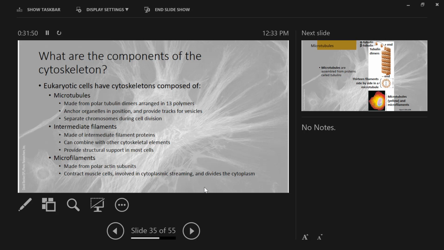Yeah, Lacey. Actin and myosin? Myosin's a motor protein. So actin is the cytoskeletal element. Myosin is a motor protein. Like in the microtubules, I mentioned motor proteins walking along them holding vesicles. Myosin is another motor protein, but it doesn't walk along microfilaments holding vesicles.